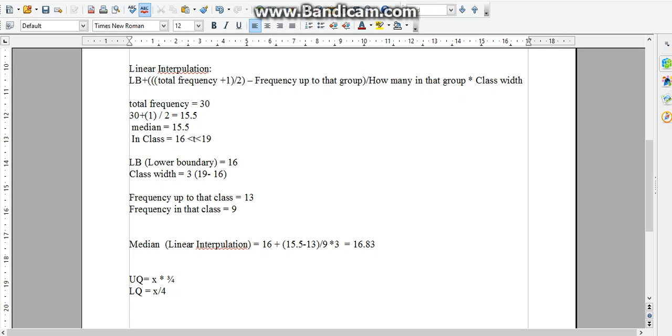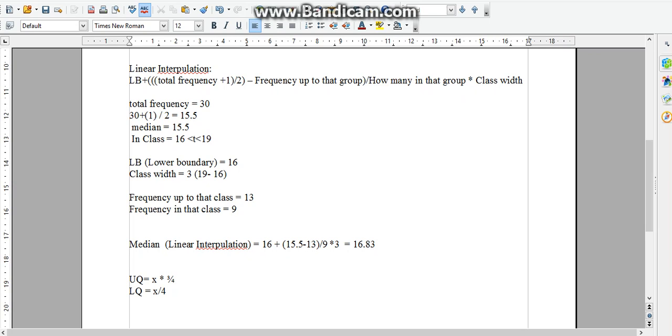So yeah, and then we get 15.5 as a median, and say the median is in the class 16-19, right? So the lower boundary of that class is 16, and the class width is 3 because 19 minus 16. The frequency up to that class is 13. So the classes before that had a cumulative frequency of 13, and the frequency in the 16-19 class is just 9.